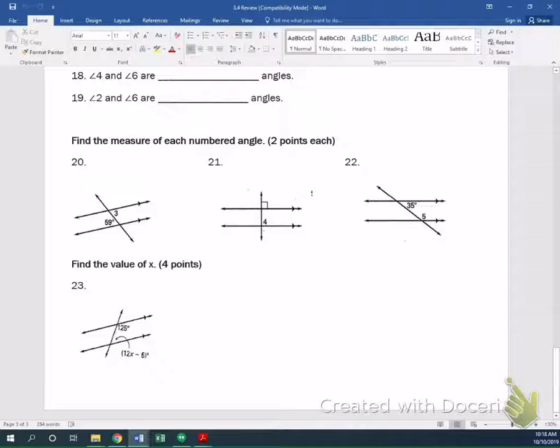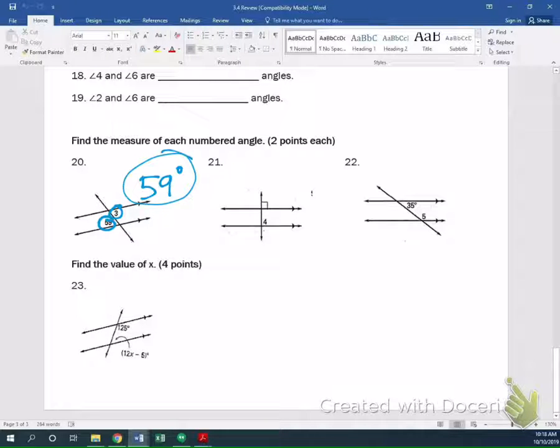So the last section, you have to find the measure of the numbered angle. So these are what type of angles? Inside the parallel lines, opposite sides of the transversal. Those are alternate interiors. What do we know about alternate interiors? They're equal. So the measure of angle 3 must be? The same. 59 degrees.